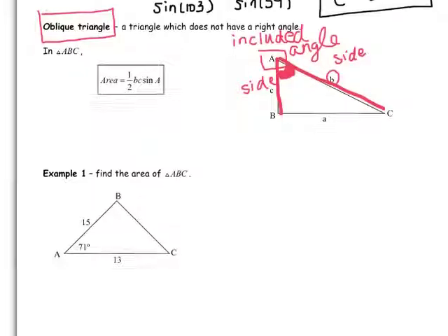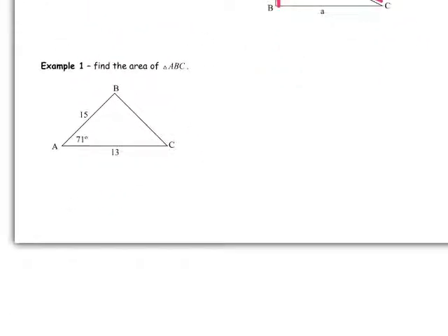Okay? So if you look at example 1, that's the perfect example to show you an included angle. Don't even pay attention to which sides it's giving you. If you just look at it, it's giving me this side and this side. You don't even have to label them, but just pay attention to the side. So it's this side and it's this side.